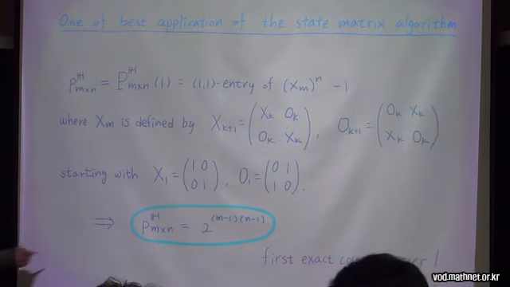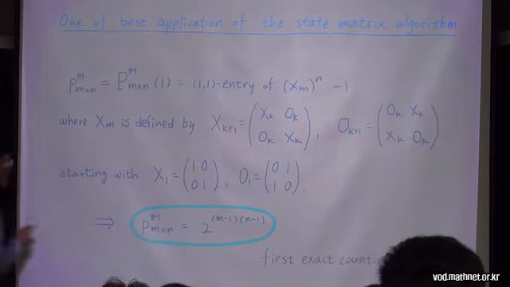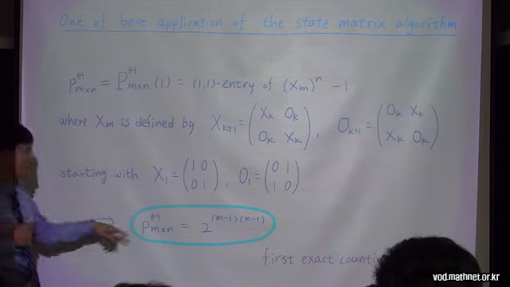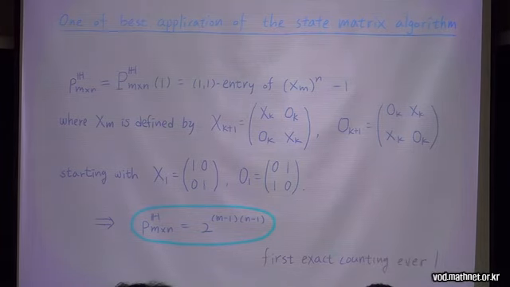Then we get this number. We can solve this recurrence relation directly, so we get this number. And actually, that's the first exact counting ever. I mean, during the 70 years, nobody found the exact number of the polygons for some models or some spaces. But that's the first example.